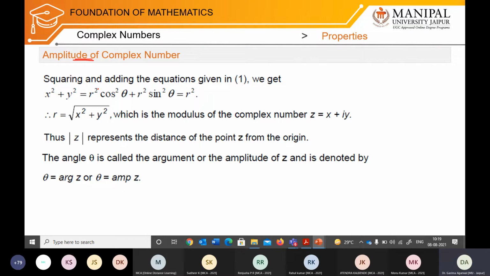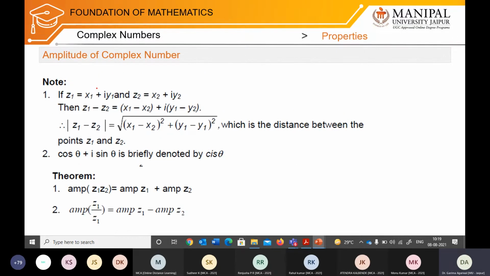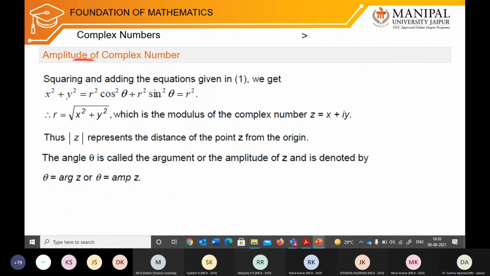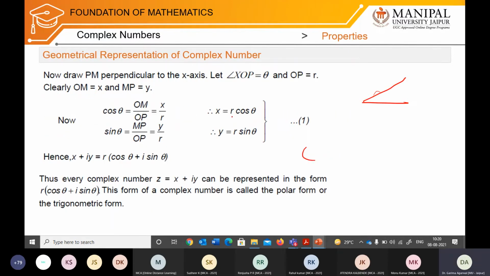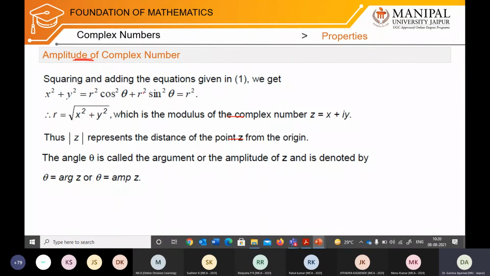If we square and add this equation on both sides, the left hand side will be x square plus y square and the right hand side will be r square only, because we have one trigonometric identity, sin square theta plus cos square theta is 1.